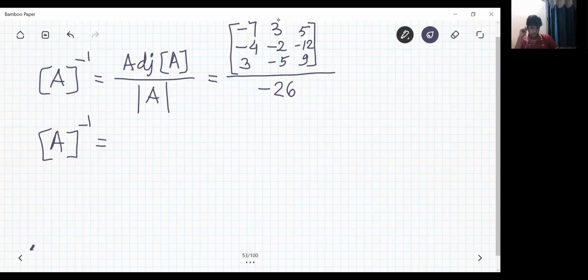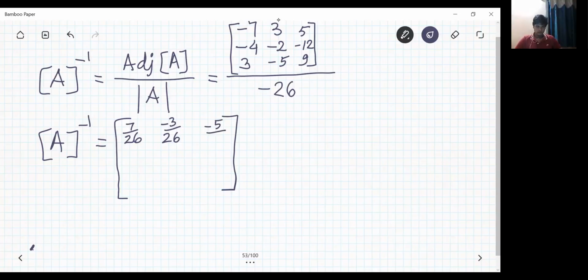So A inverse is equal to, what you have to do is divide every element in the matrix by minus 26. So either you can write 7 by 26, minus 3 by 26, then minus 5 by 26.